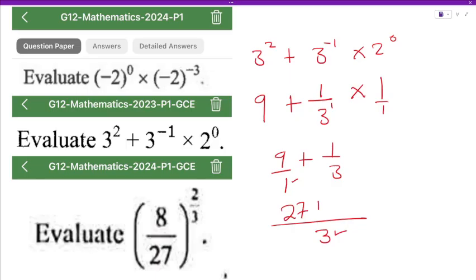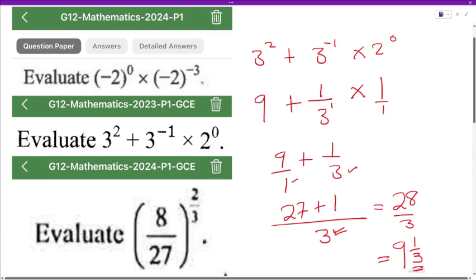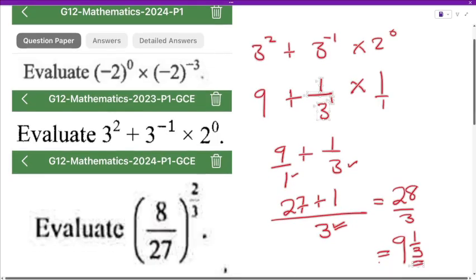We bring down that plus. Then we're going to say again 3 divided by that 3 there is 1. 1 times 1, 1. Giving us what? 28 over a 3. Converted to a mixed fraction, 28 divided by 3 is a 9, remainder a 1 over the same denominator. So that should have been your final answer there if you are given such a question by me or the examiner. Okay, we are done.